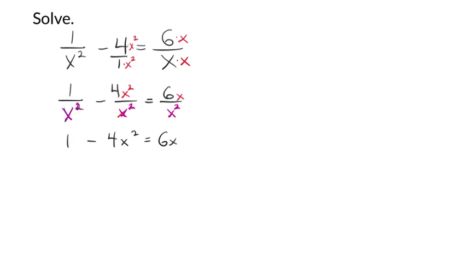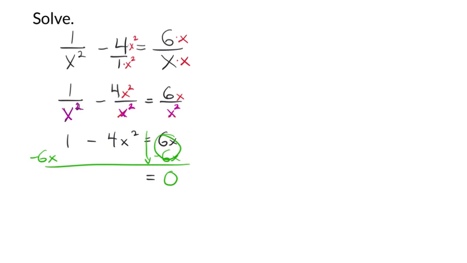The next thing we're going to want to do is make this a standard form quadratic. To do that, we're going to take that 6x and subtract it from both sides, which may need some little rearranging. Of course, that zeroes that out, which is exactly what we want, so we get 0 equals a quadratic.